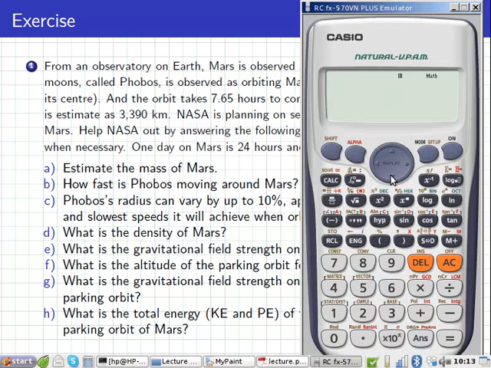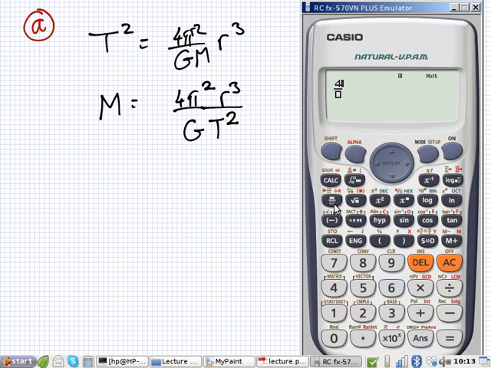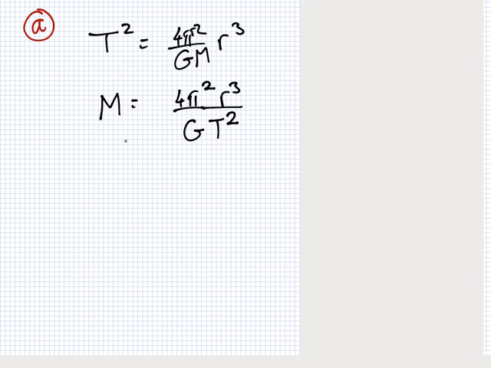So can you just give me the numbers as we type them in, please? 4 pi squared, 9380 cubed, 6.67 times 10 to the power minus 11, multiply, and now the 7.65 hours. There's 3,600 seconds in an hour. So the mass of Mars is this, 6.44 times 10 to the 23.